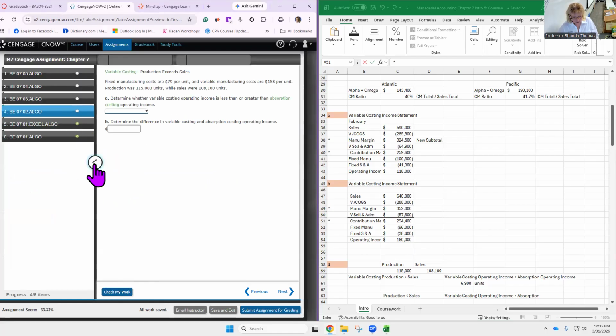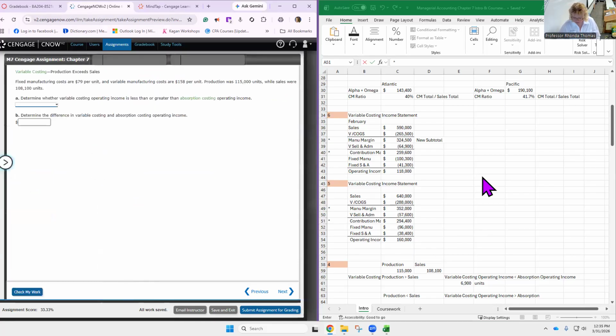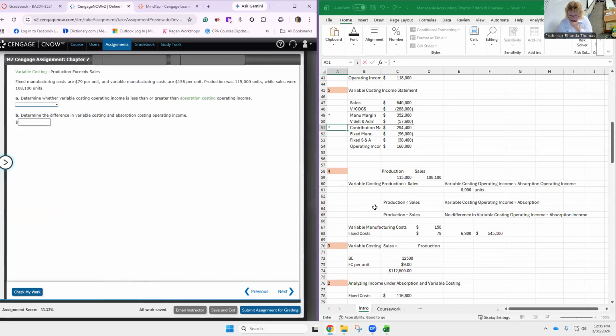Now let's go to when we have production exceeding sales. Let's remind ourselves of the rule. Fixed manufacturing costs are $79 a unit. Variable manufacturing costs are $158 a unit. Production is 115,000 units, while sales are 108,100.